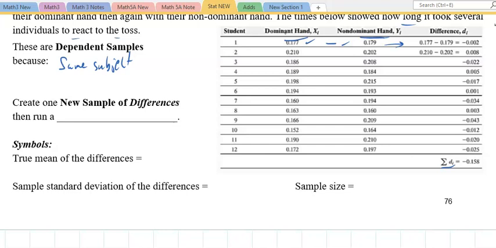Now, we create one new sample of difference, then run a test, which is matched pair. Which is the t-test. True mean of difference, the population difference between those. The standard deviation, it's again the sample, and n is the sample size.